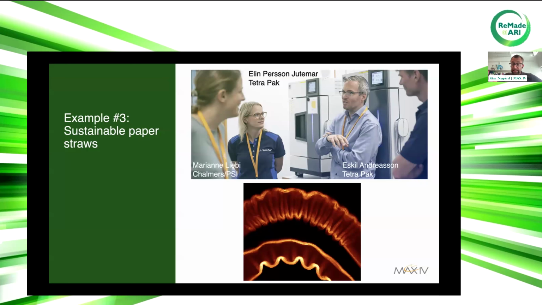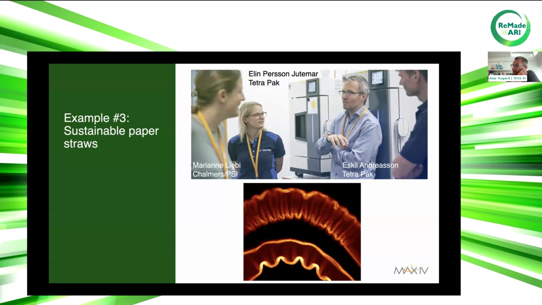So it's this example here on the bottom, and this is still unpublished data, but in this example, the group studied the corrugated parts of a paper straw, where the paper straw was manufactured in two different processes, an older one on the top and a new one on the bottom.